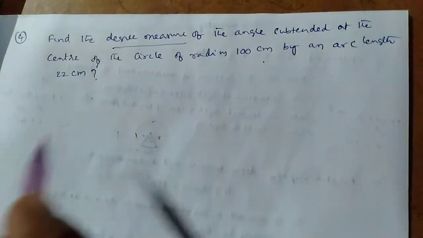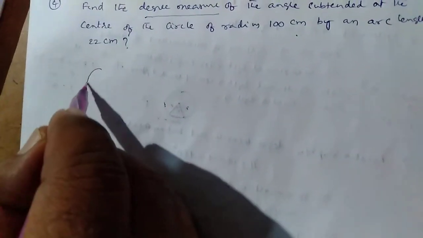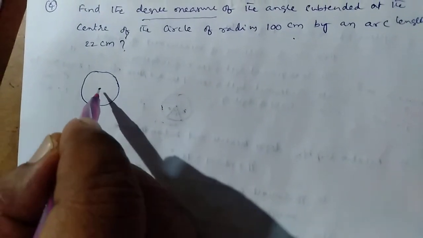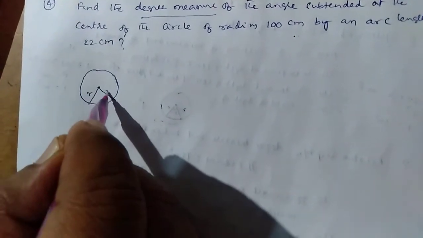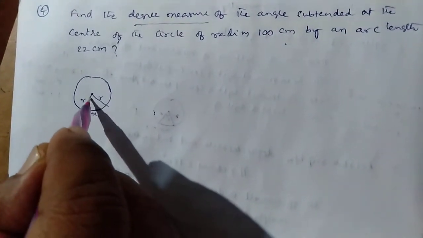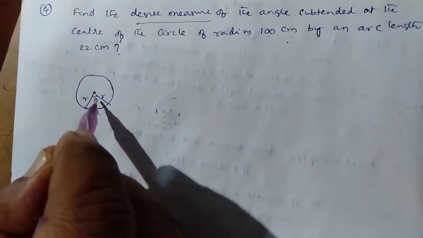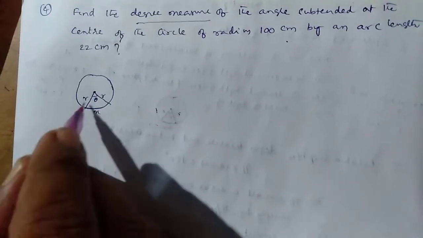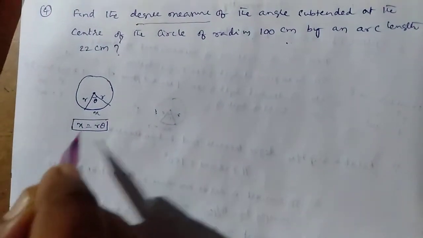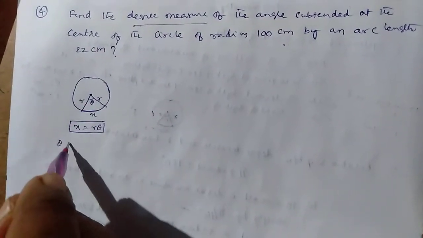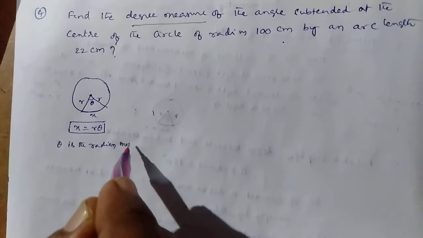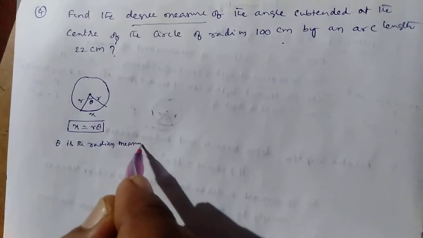So we know that in a circle, if this is the center, this is the radius r, and this is the arc length x, and this is theta, the radian measure, then we have x is equal to r into theta, where theta is the radian measure, not the degree measure.